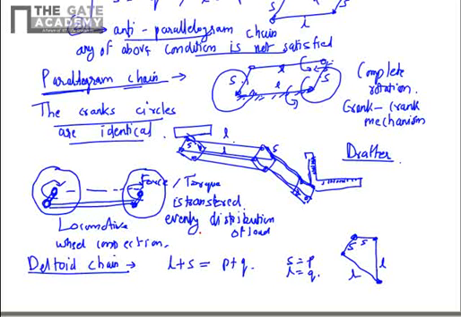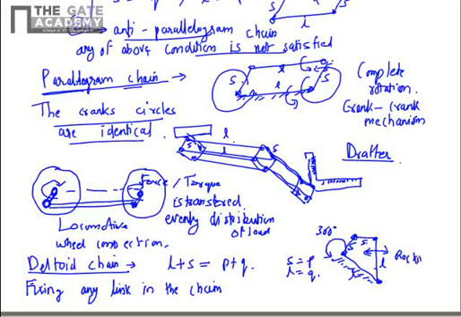What about the inversions of a deltoid chain? In a deltoid chain, fixing any link in the mechanism, it is basically a symmetrical mechanism, S and S, L and L. So you have two possibilities of fixing. You can fix the longer link. Then you can have complete 360-degree rotation of the shorter link and rocking motion of the longer link.